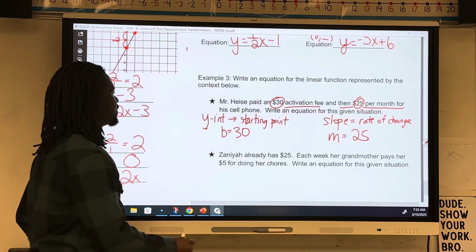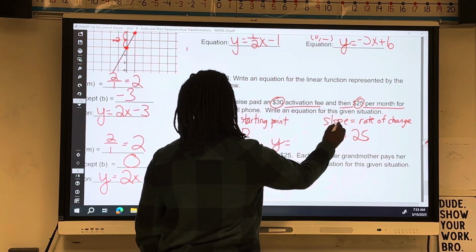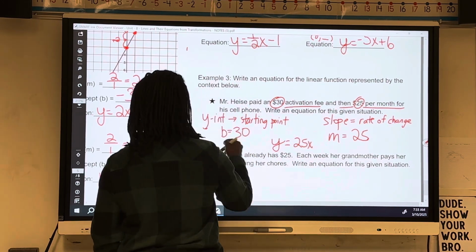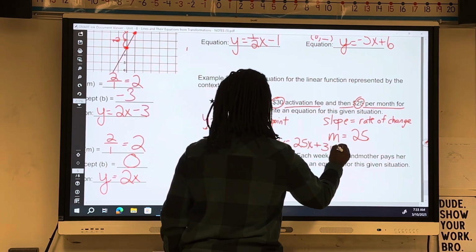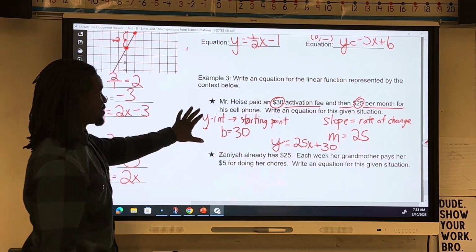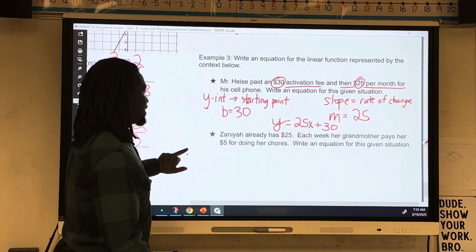And so the equation then is going to be y equals the slope 25x plus the y-intercept, 30. All right, so again, identify the y-intercept, identify the slope, and then write our equation.